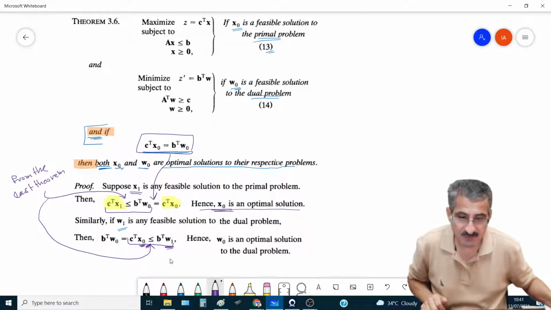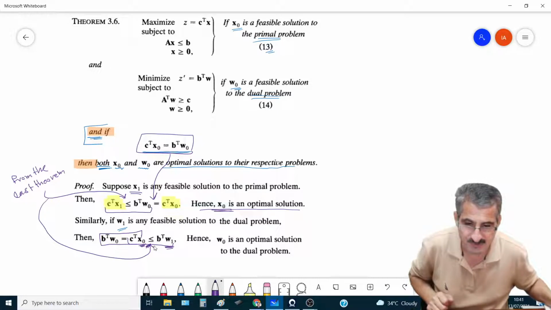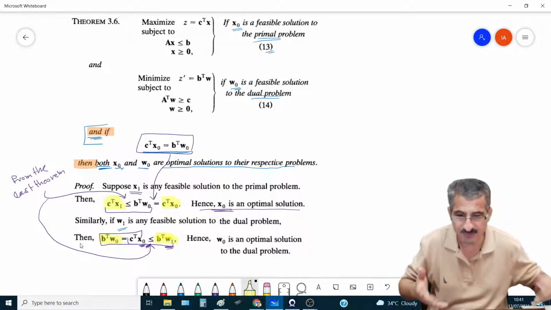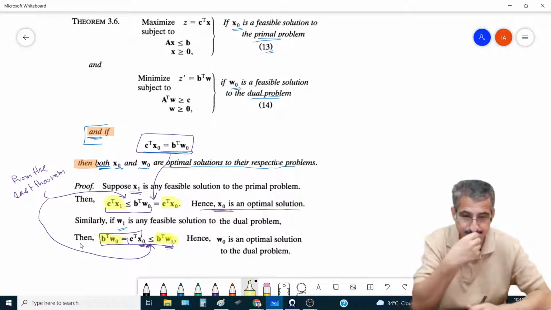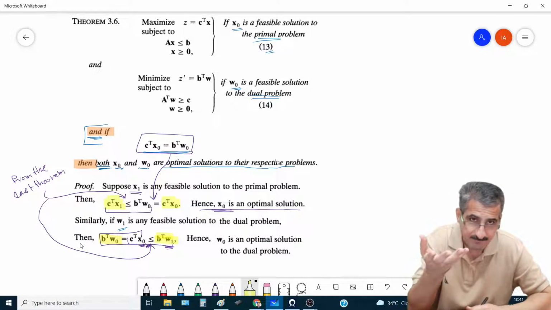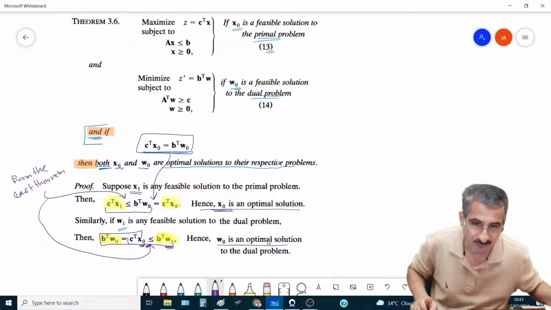Okay, and now this inequality here is the one given in the hypothesis. So now we got here that the value at w naught is smaller than the value at w1, where w1 is any feasible solution for the dual problem, and therefore w naught is the optimal solution.